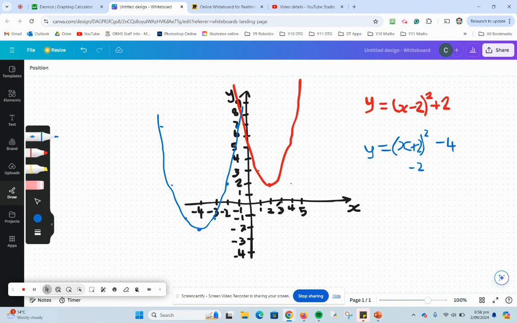Let's just do one on the fly. Let's try one here. Across 1, up 1.